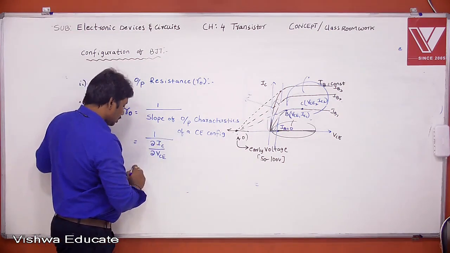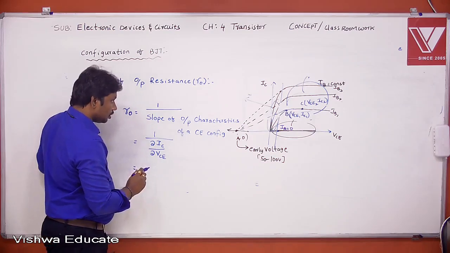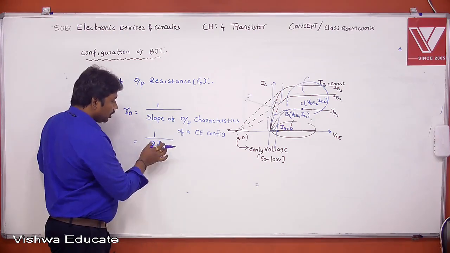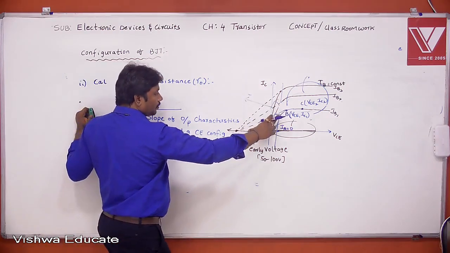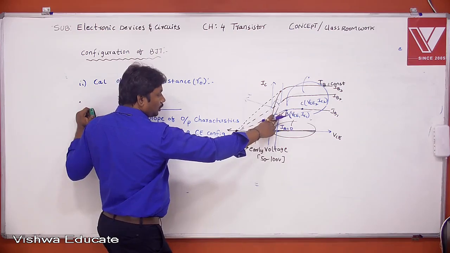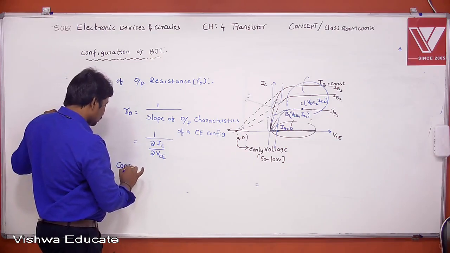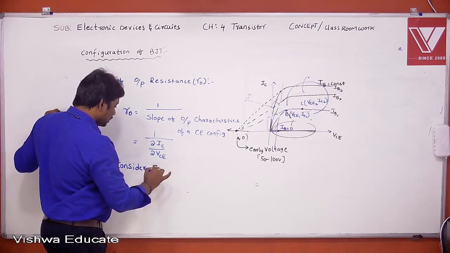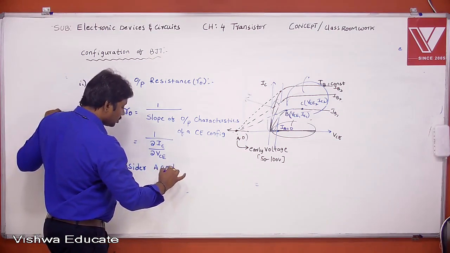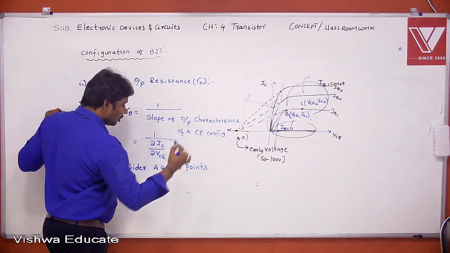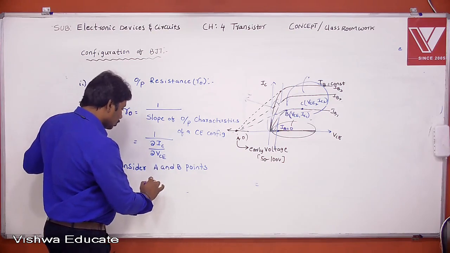Right? Now see all of you here. I am calculating the slope actually. For calculating the slope, here I am considering only 2 points, A and B points. Right? What is the slope actually?